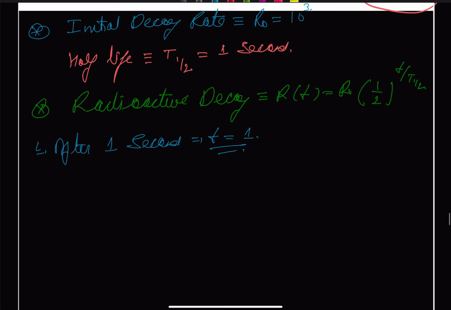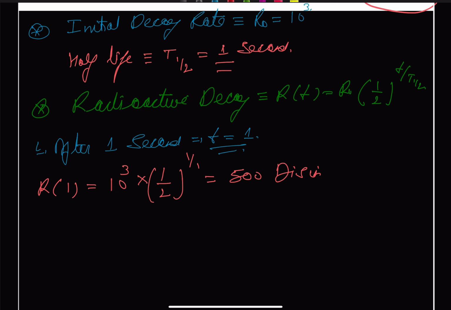We get R of 1 is equal to R0, which is 10 to the power minus 3, times half raised to 1 upon T half, which is also given as 1, so 1 upon 1. This comes as 500 disintegration per second. Then we are going to find out the rate after 3 seconds.